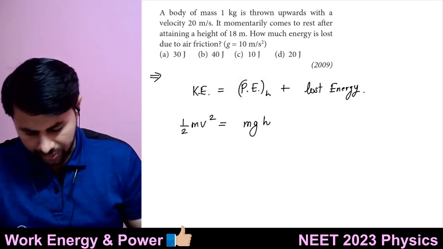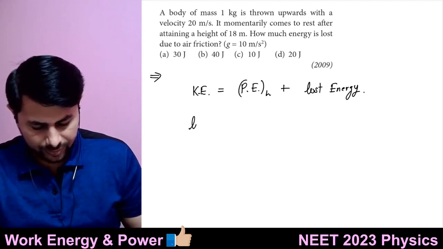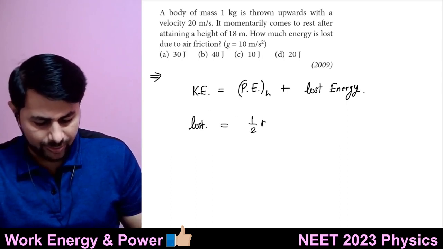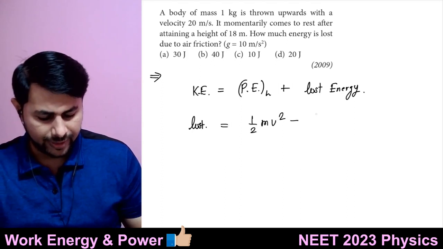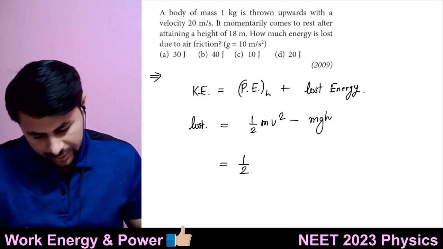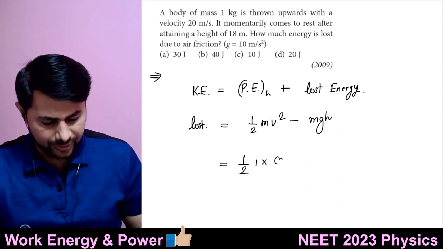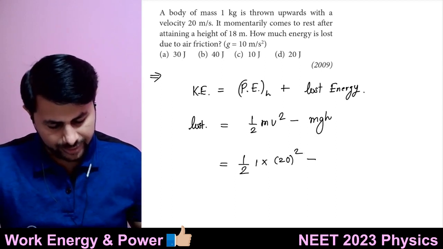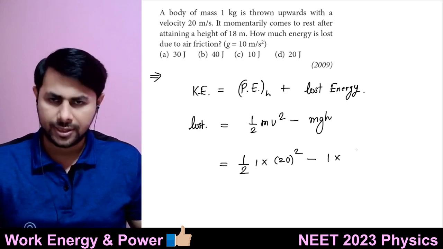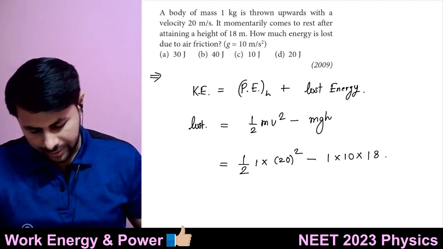We want to find out lost energy, no? So let's take that potential energy to the other side. So lost energy will be equal to kinetic energy, which is half of m into v square, minus potential energy, which is mgh. What is its mass? 1 kg. So 1 multiplied by v square, 20 square, minus mgh. m is 1, g is 10, h is 18.